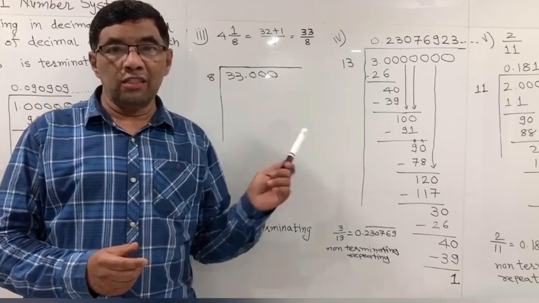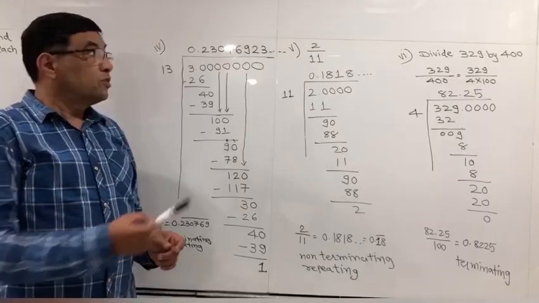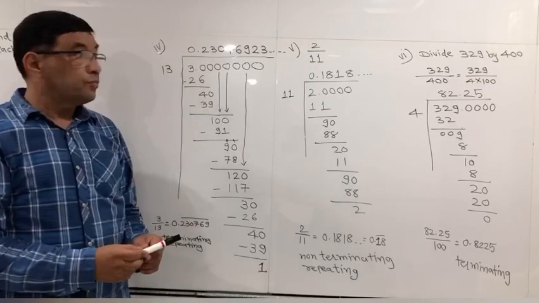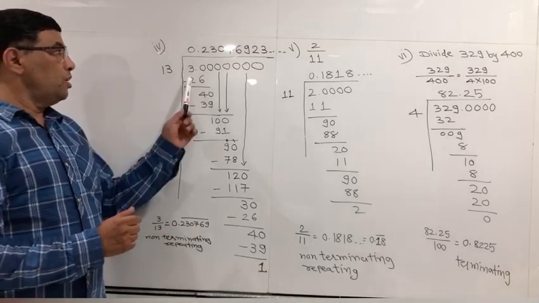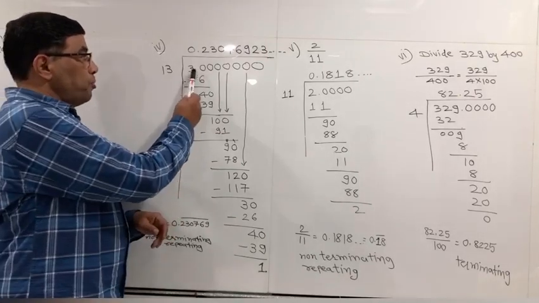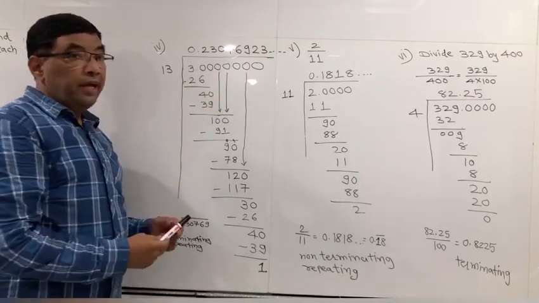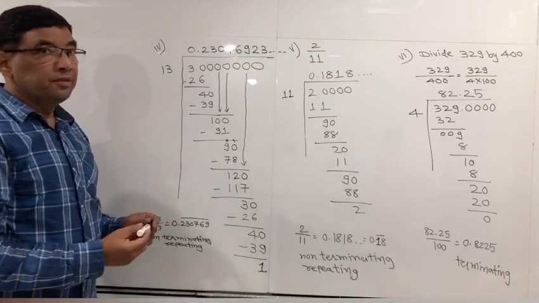So it's a very easy question. Anyone from your side? Fourth one, in which 3 divided by 13. So 3.0000 we write, and as a divisor we take 13.